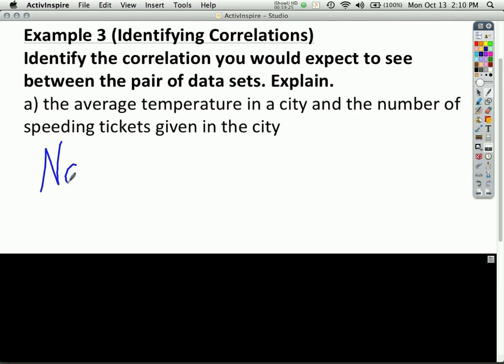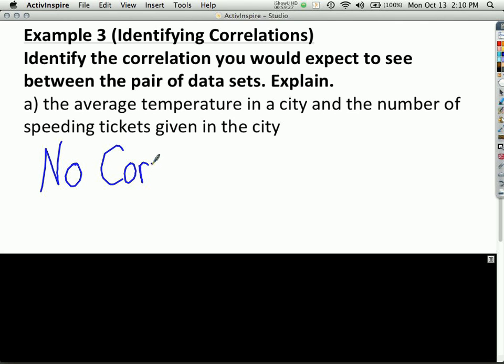Now, someone could prove that there was a correlation, but they would have to do extensive research and demonstrate that every time the temperature went up, there were more speeding tickets. And then you could say, well, it seems like a higher temperature means more speeding tickets. But this is not what it says. It says, what correlation would you expect to see? What would you think would happen?